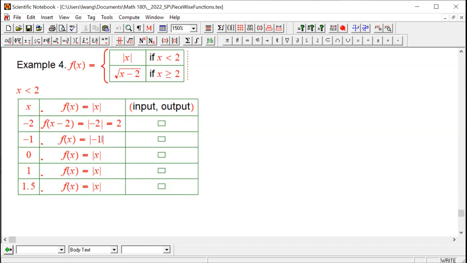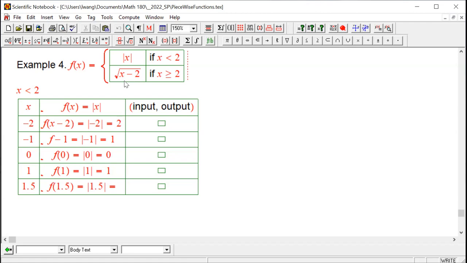Here -1 gives 1, and here's 0, and here's 1, and the output is 1. So we get a bunch of points like that.